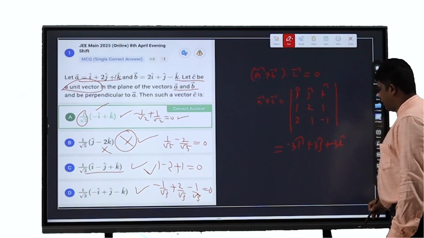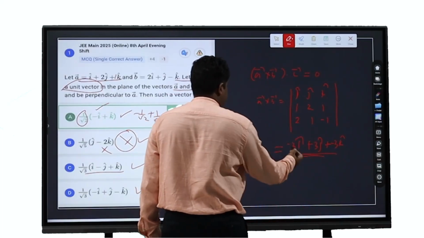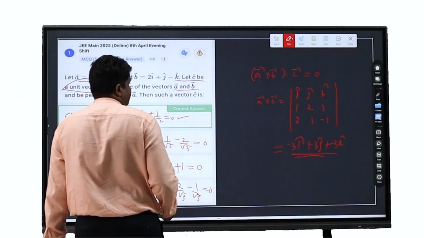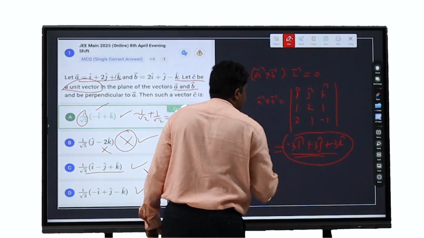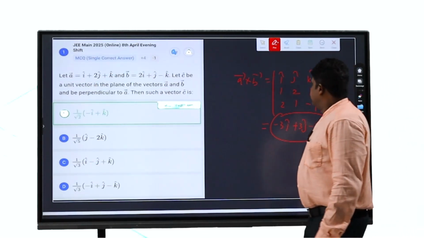So we have to check that the dot product of C with A cross B is 0.